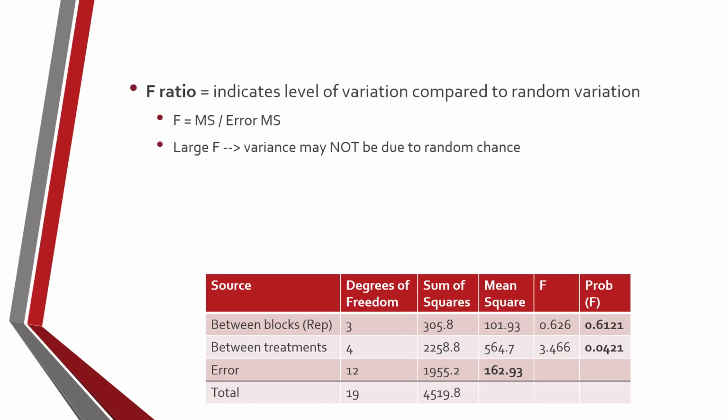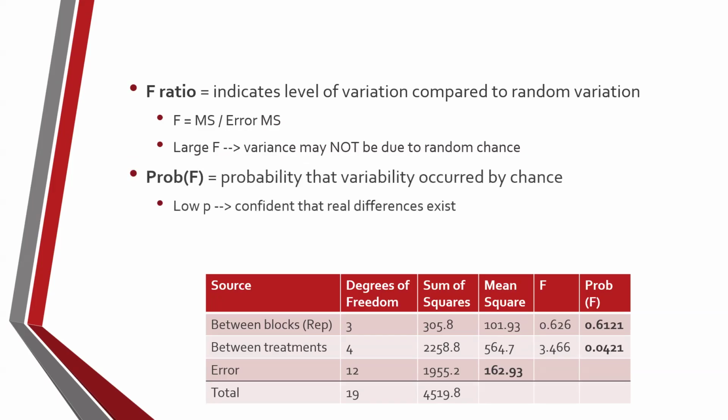Then we calculate an F ratio, which indicates the level of variation from that source compared to the random variation. So the larger that ratio is, the more likely that the variance from that source is not due just to random chance.